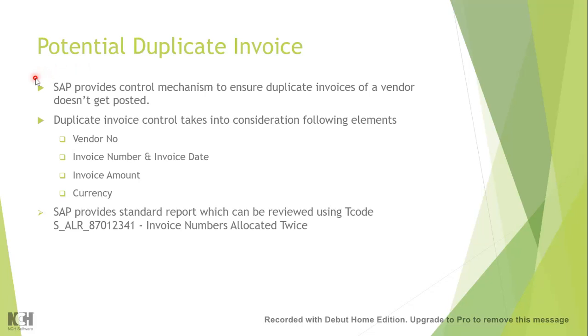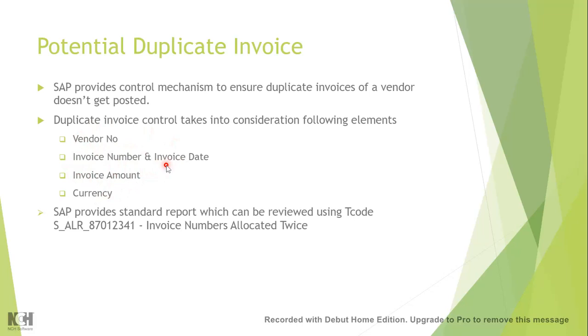SAP provides a control mechanism, however it needs to be configured. Duplicate invoice control takes into consideration the below elements, which are vendor number, invoice date, invoice amount and currency. So in combination of all these elements, the system will check whether it's a duplicate invoice or not.